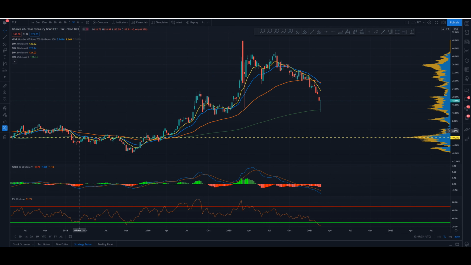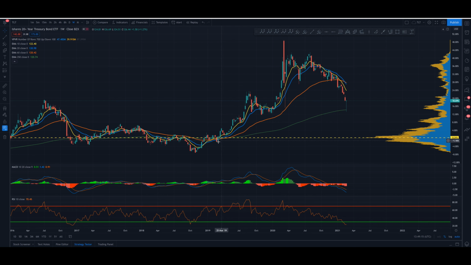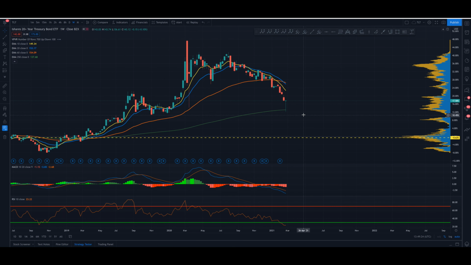Now, we have to go back to quite some time until we saw a similar kind of rollover from a high, where we see the 10 and the 20 rollover and go through the 60. So that upward trend has been intact since October 2018 essentially, and now it's broken. So that's pretty bearish looking, to be honest. We've also wicked through the 250 day. This in itself isn't that bearish.